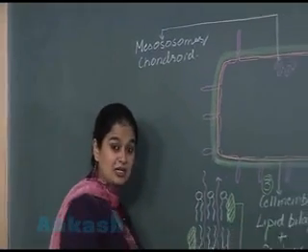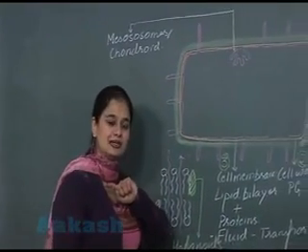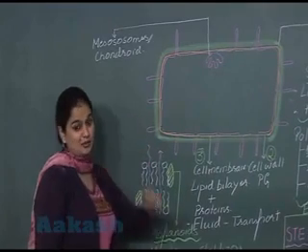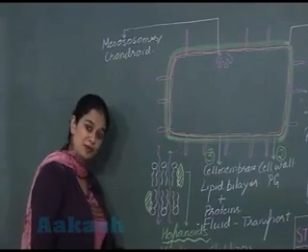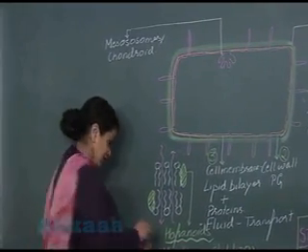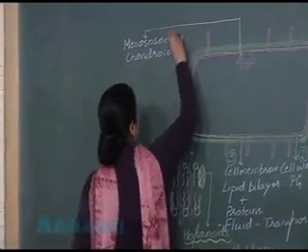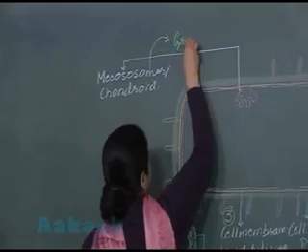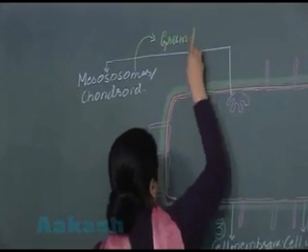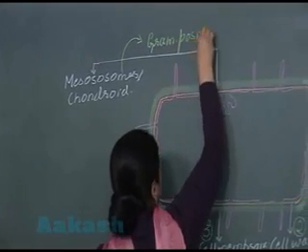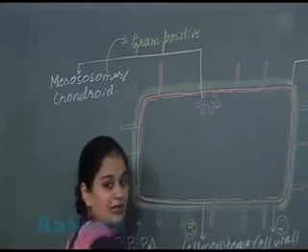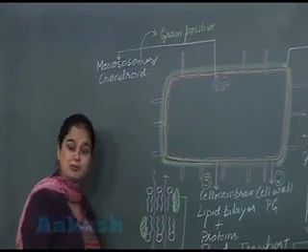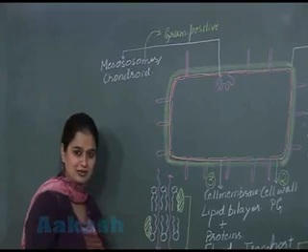As I have discussed, the capsulated condition is more common in gram-negative bacteria, but the mesosomes are more commonly associated with gram-positive bacteria. Now the mesosomes can be positioned in two ways.